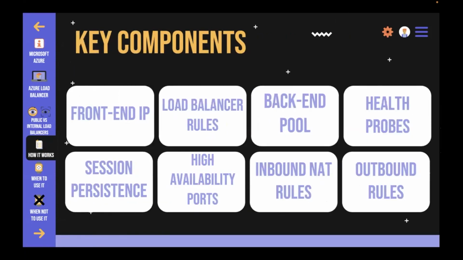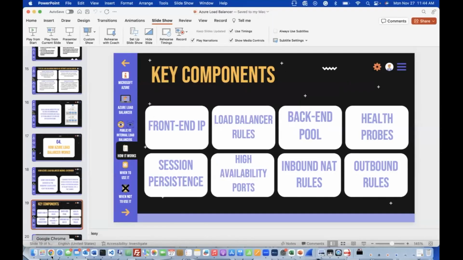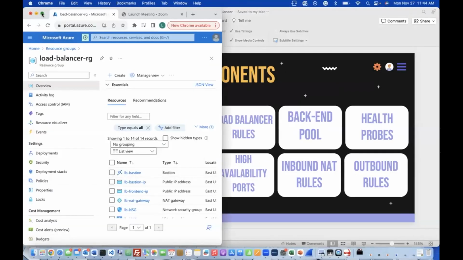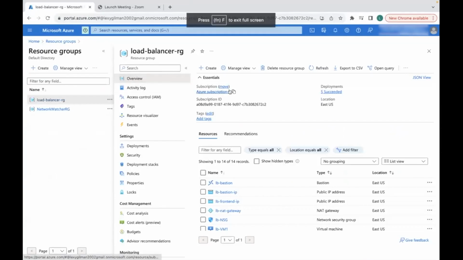Within the load balancer, we configured a front-end IP, a back-end pool, a health probe, and added an inbound NAT rule and outbound rule. In conclusion, in this video, we have shown how to create a public load balancer using the Azure portal. This tutorial shows how to create a load balancer and use it to direct traffic between two virtual machine servers.